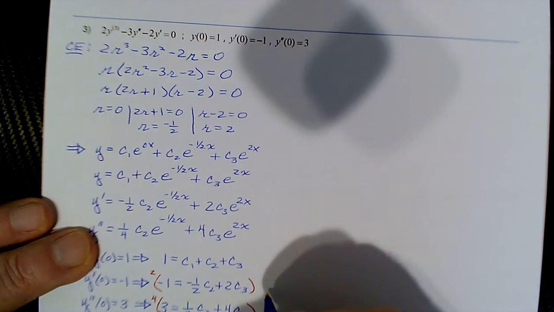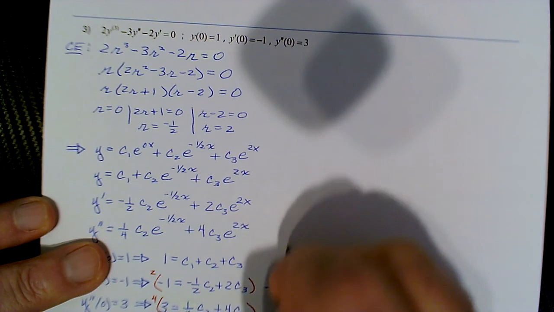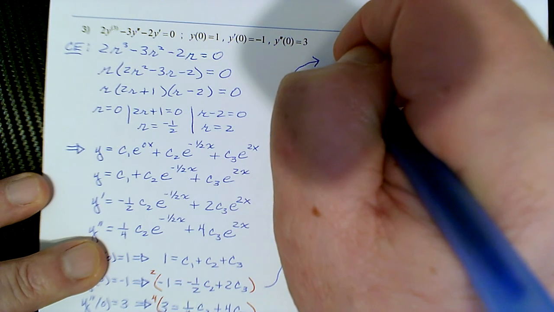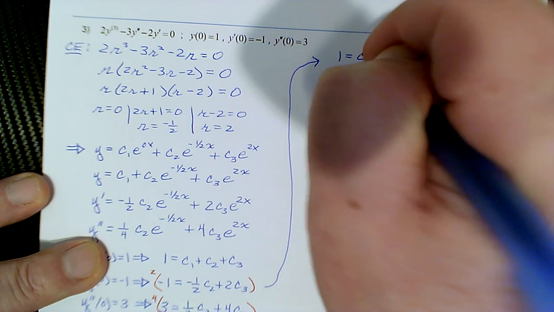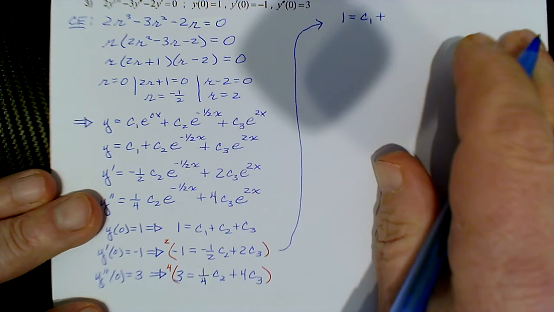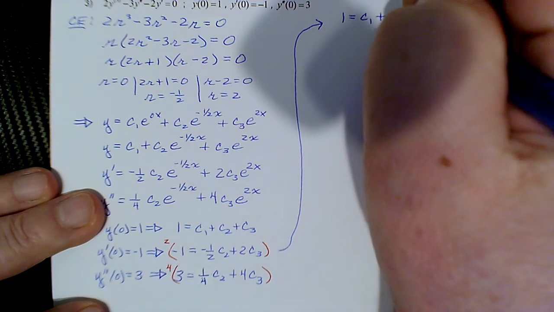So let me now move all of this up here, and I'm not going to forget the fact that the first equation was 1 equaling c1 plus c2 plus c3.